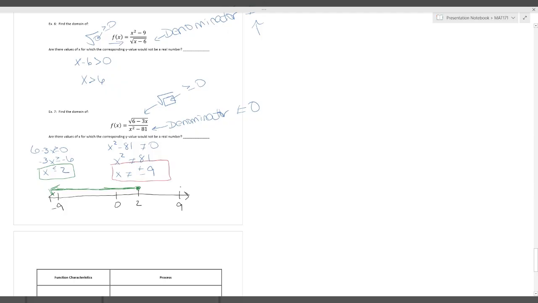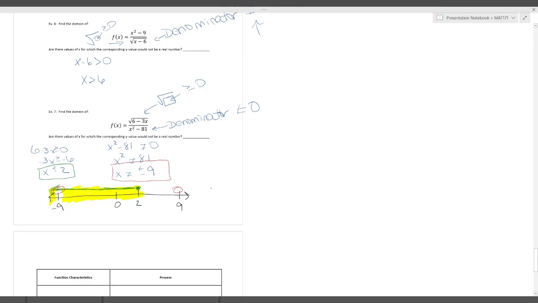So I would have an open circle here and an open circle here. Okay. So in the end, the domain is only where these two things intersect. Okay.